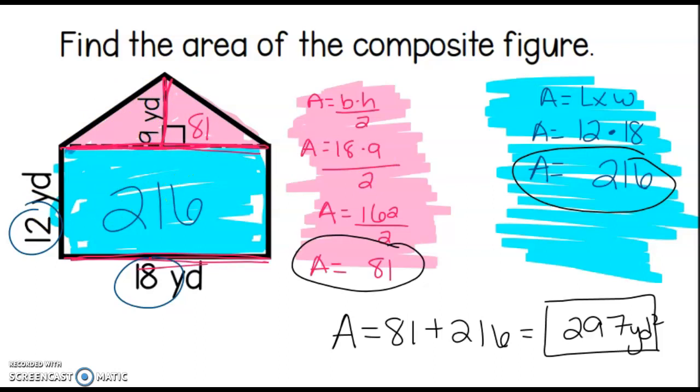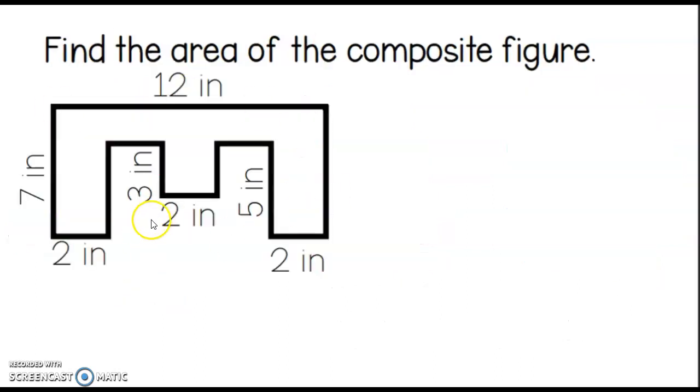Okay, let's do another example. In this case, again, we have to try to find the area of this composite figure. The cool thing about this topic is that there's a variety of ways that you can cut up a figure to make it how you would like.